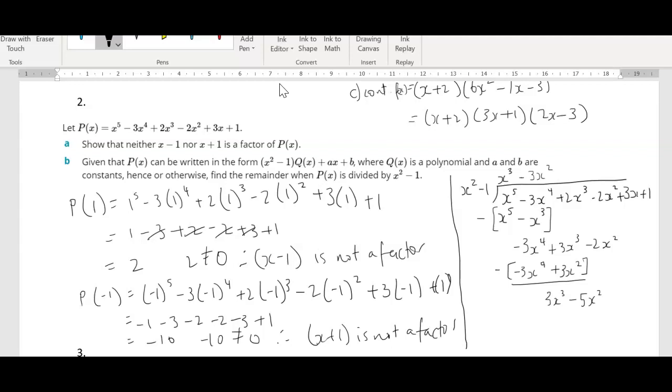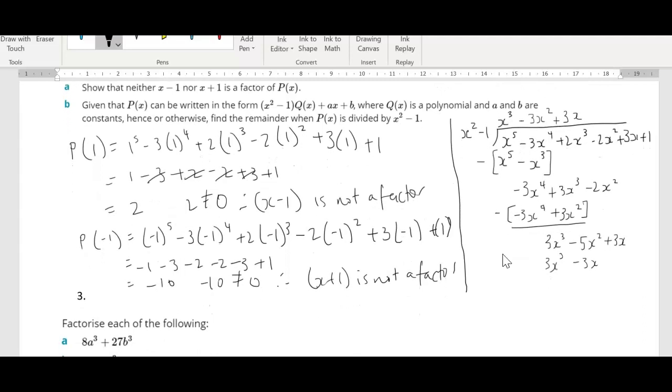All right, so let's go through the process again. x squared into 3x cubed is 3x. Then we've got 3x cubed minus 3x. So let's bring down that plus 3x. The negative 5x squared stays. And then we've got 3x minus negative 3x, so it's plus 6x.